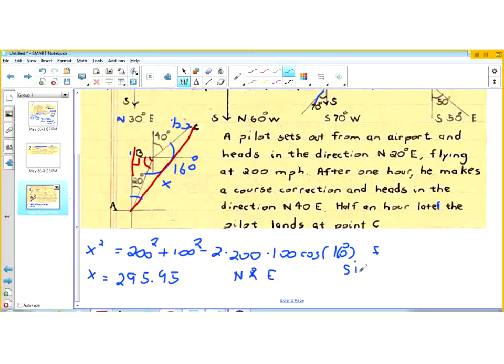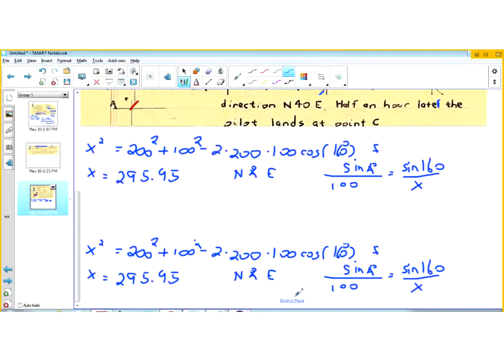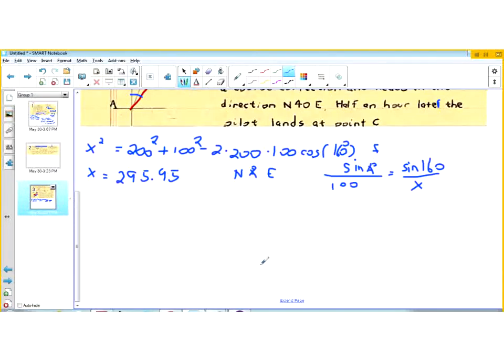So the sine of A degrees, which is what we want for the angle part of the bearing, over 100 is equal to the sine of 160 over x. And we know x, so all we have to do is find the sine of A.